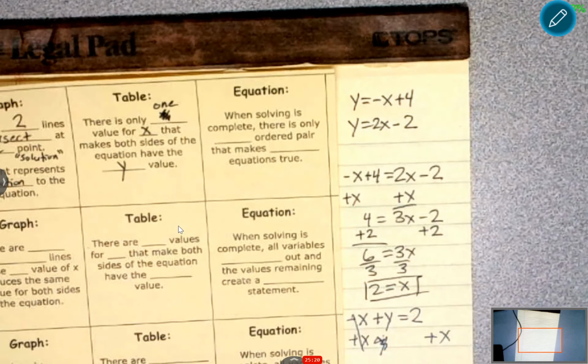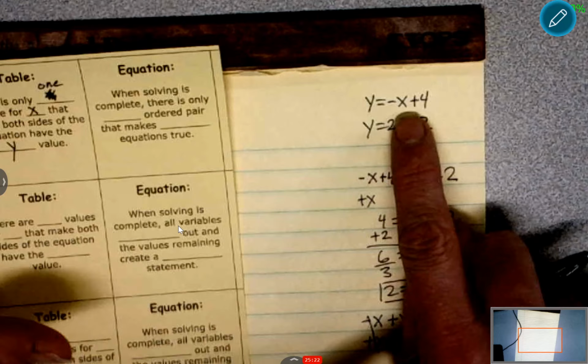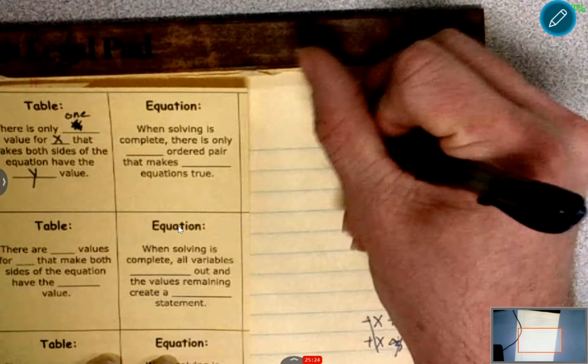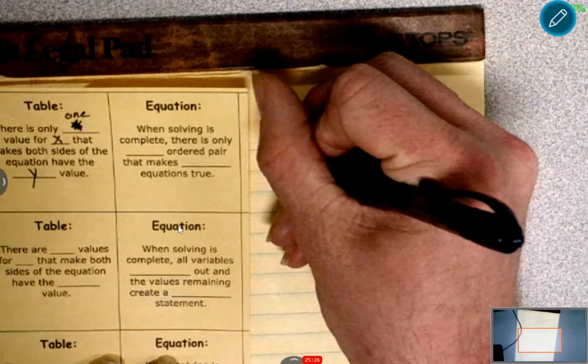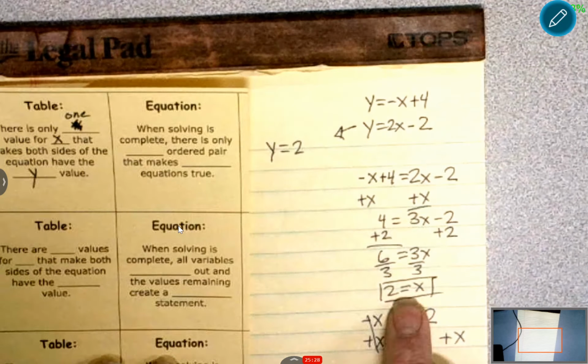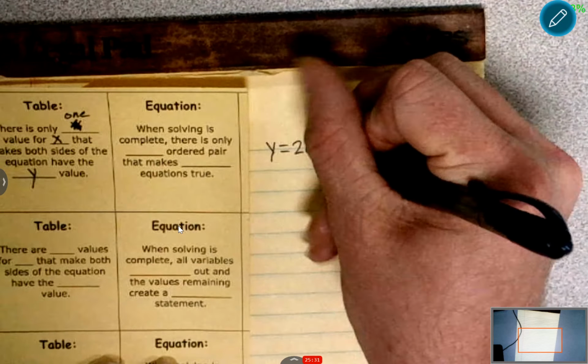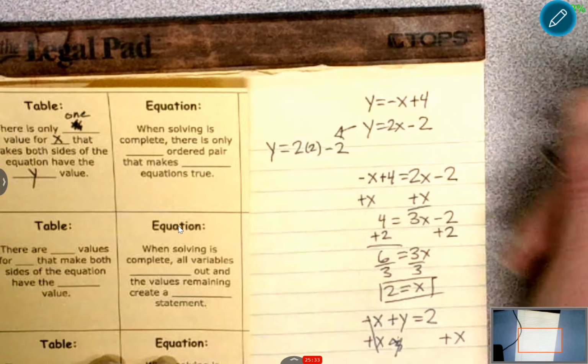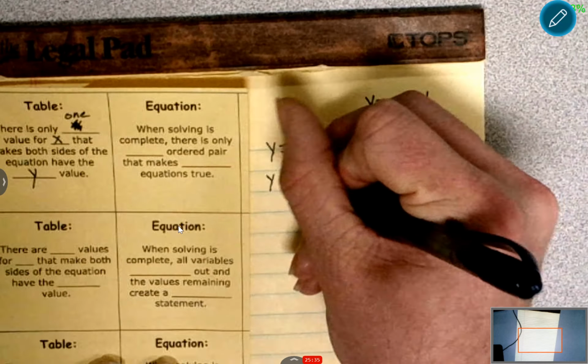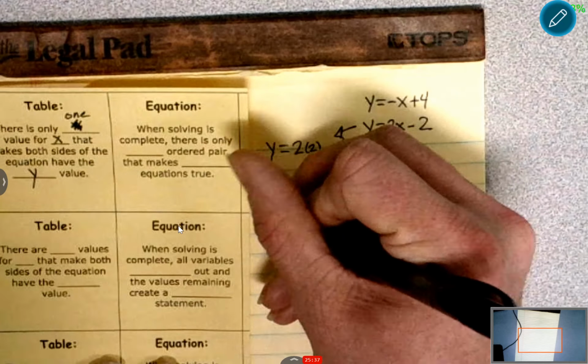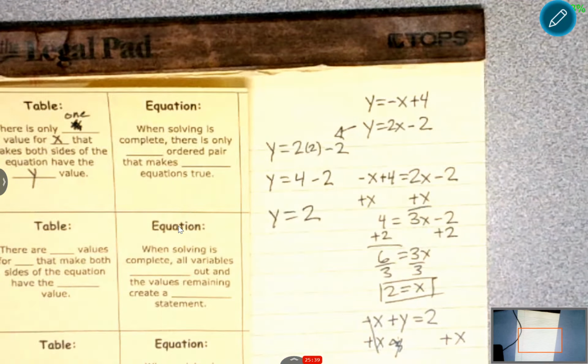And then if I were to take that x value and plug it into one of these, so if I plugged it into the second one, y is equal to 2, and I'm going to plug in 2 for x, times 2 minus 2, y equals 4 minus 2, y equals 2.